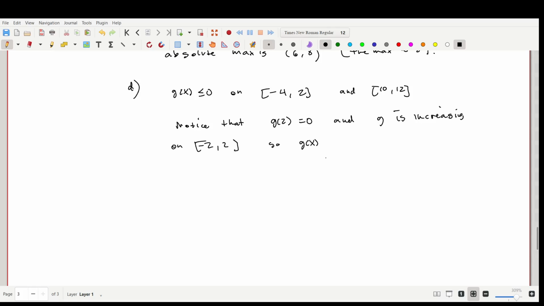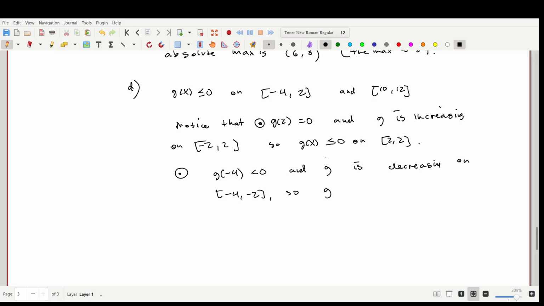So g of x is less than 0 on -2 to 2. So that's one thing you should say. Another thing you should say is that g of -4 is less than 0, and g is decreasing because g prime, which is f, is negative on -4 to -2. So g of x is less than or equal to 0 on -4 to -2.